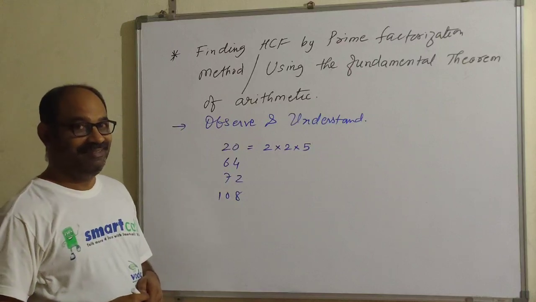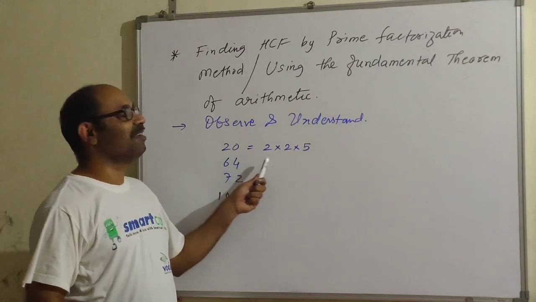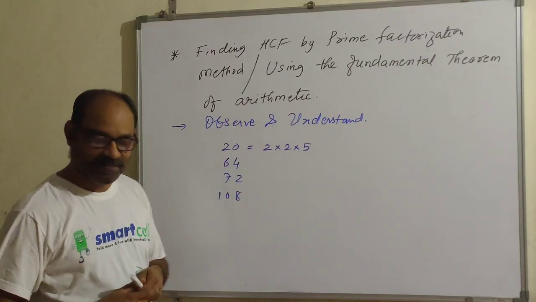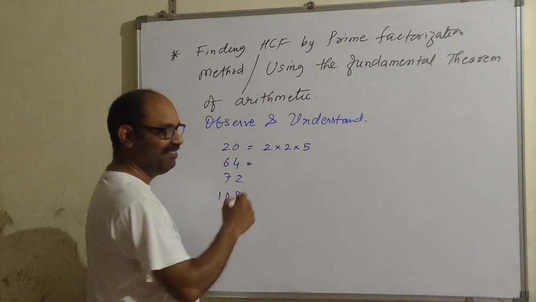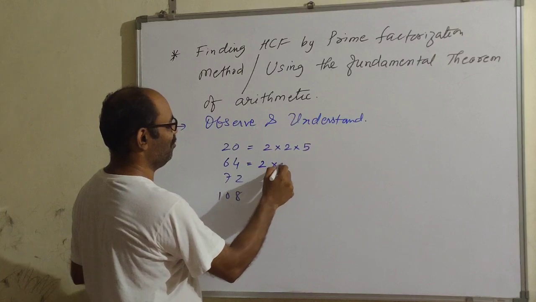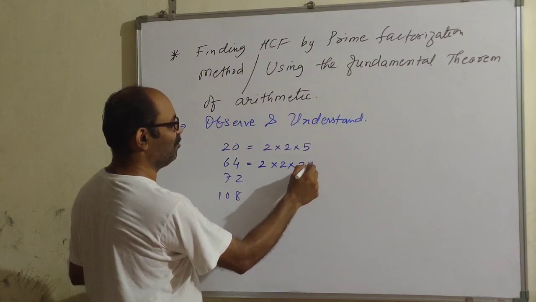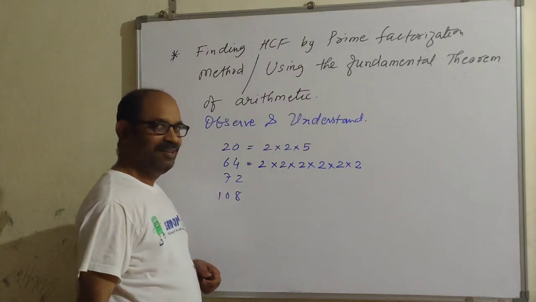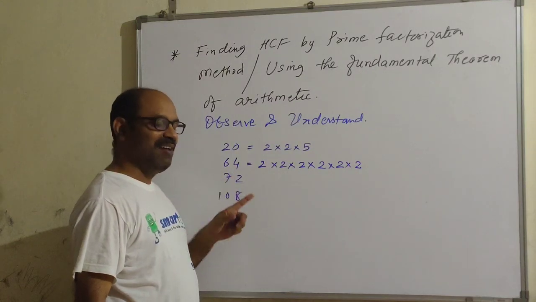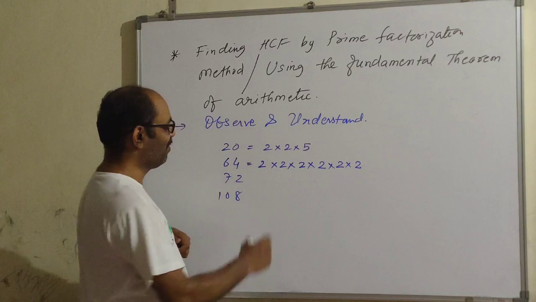What have I done? I have obtained the prime factors of 20. Can you say with me? 2 into 2 into 2 into 2 into 2 into 2. What are these? The prime factors of 64.